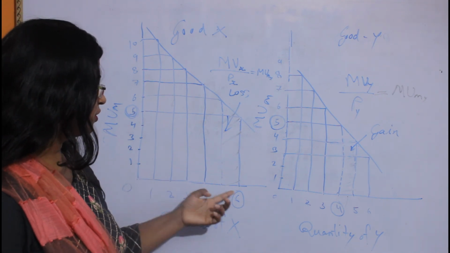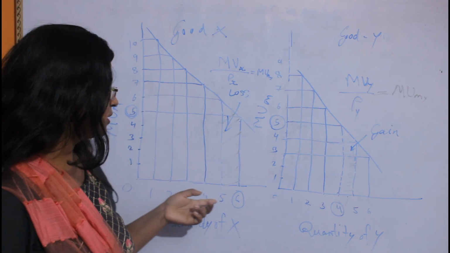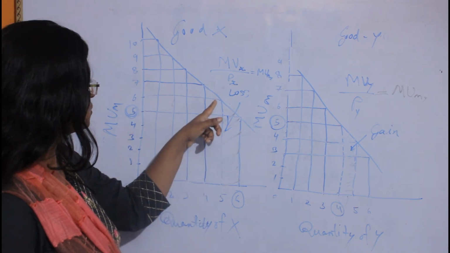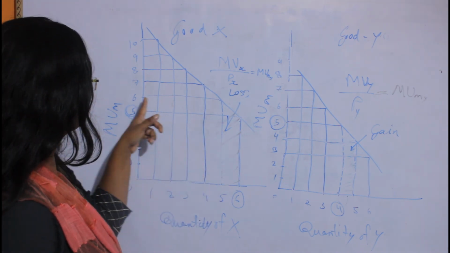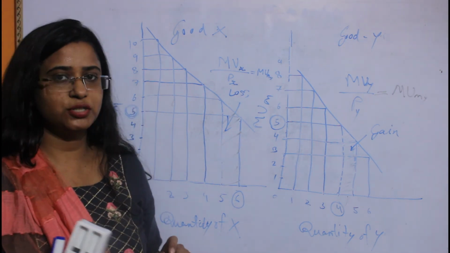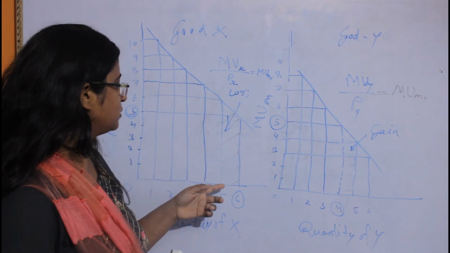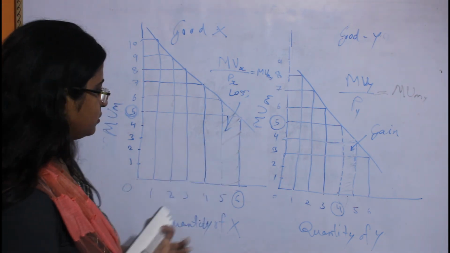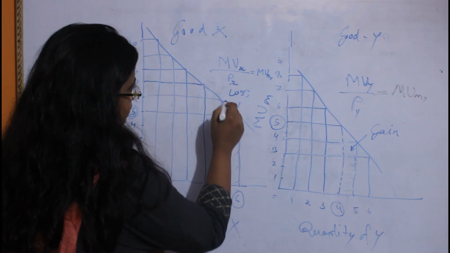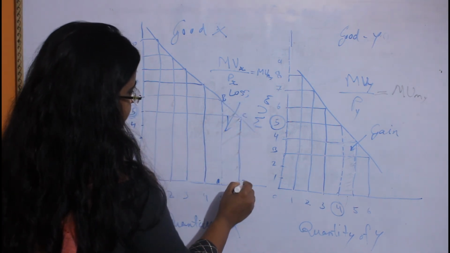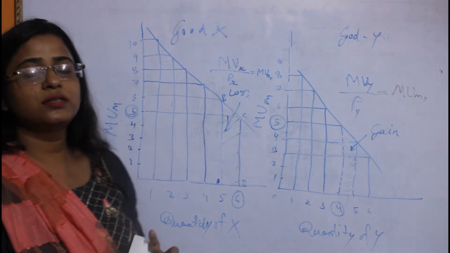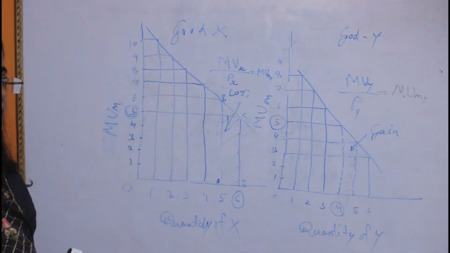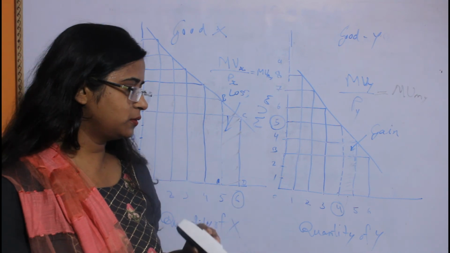Suppose we are now reducing 1 unit of X. Say we are going to use 5 units of commodity X. So for this fifth unit of X, he will derive 6 units of marginal utility of money, and his loss of utility will be this shaded area, say A, B, C, D. So A, B, C, D is the loss of his utility, and eventually he will increase the quantity of Y.